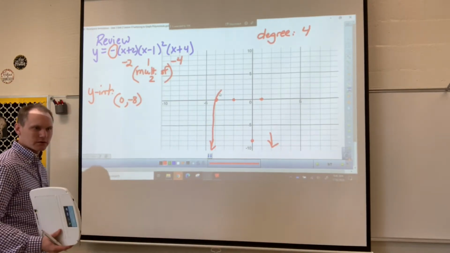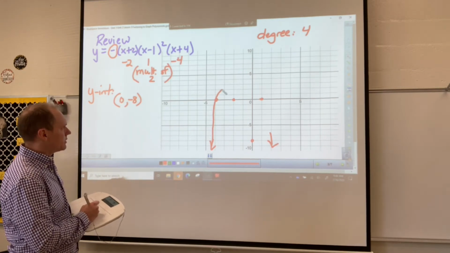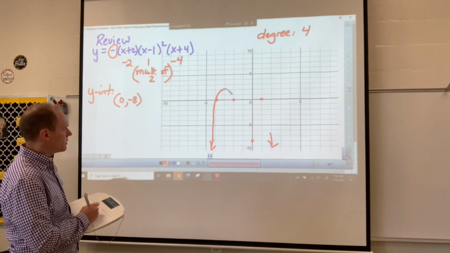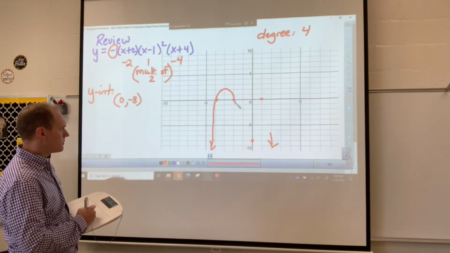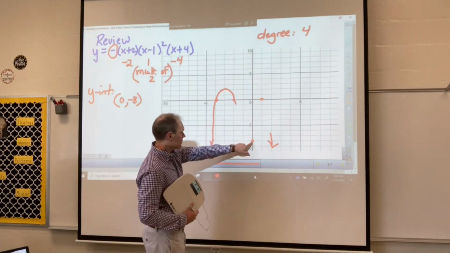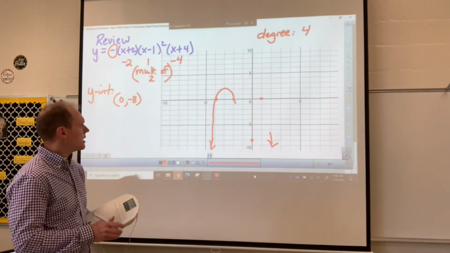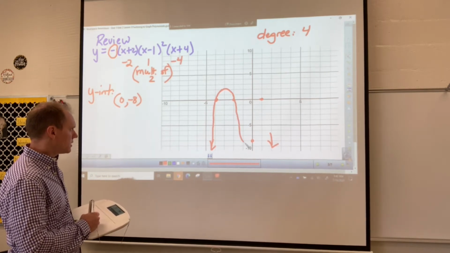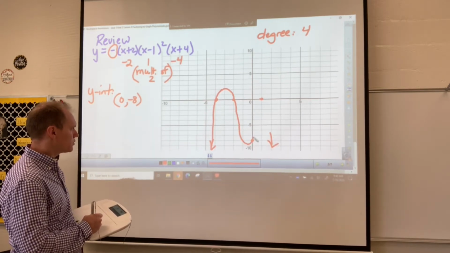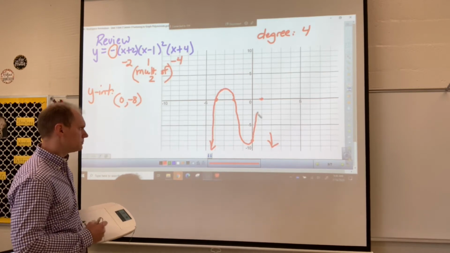Again, we're just going to have to guess how high it goes. It's going to come back down, though. We know it's going to come back down through this point, and then the next spot it has to go through is this y-intercept. Again, we don't know exactly how this graph looks, but at some point, somehow, it's going to go through this y-intercept, and then it's going to go up to this point here.